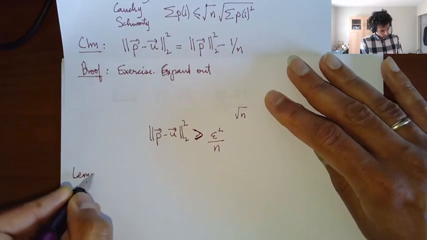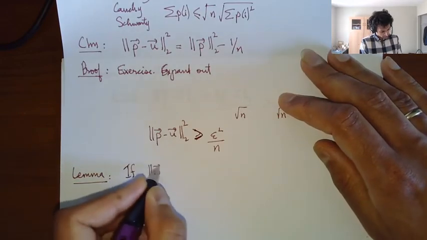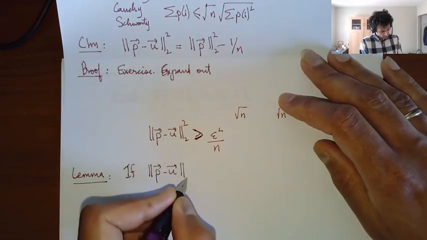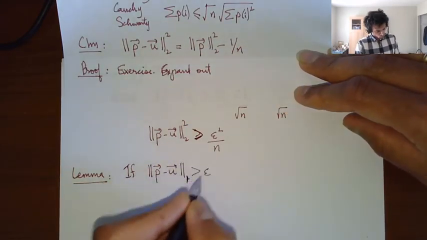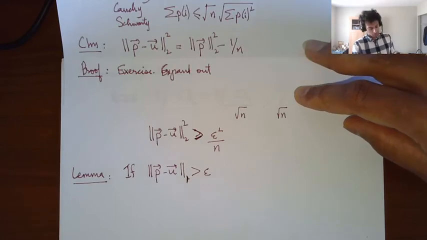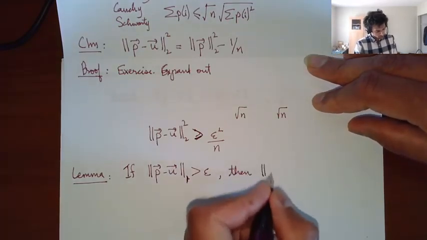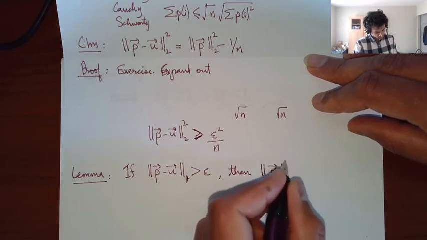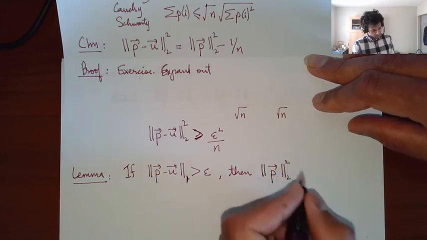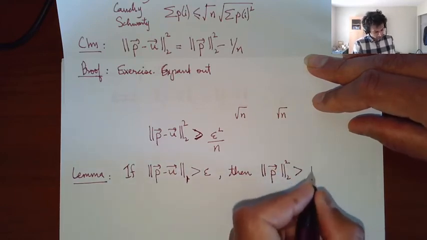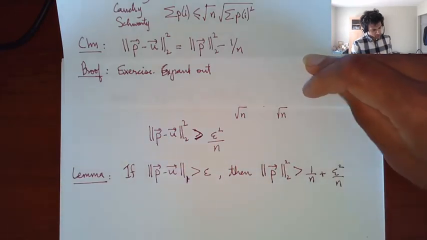And now let's state this as a lemma. We'll say if the 1 norm, the total variation, the one distance is at least epsilon, then the norm of P itself is at least 1 over n plus epsilon squared over n.